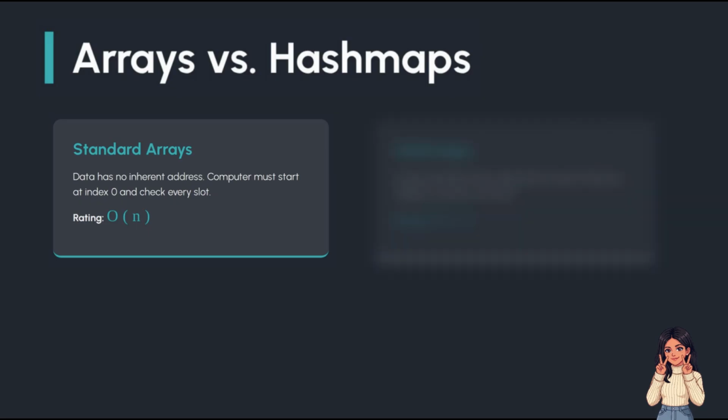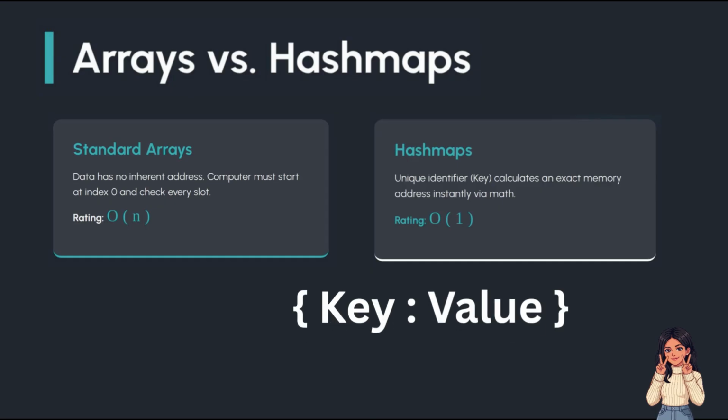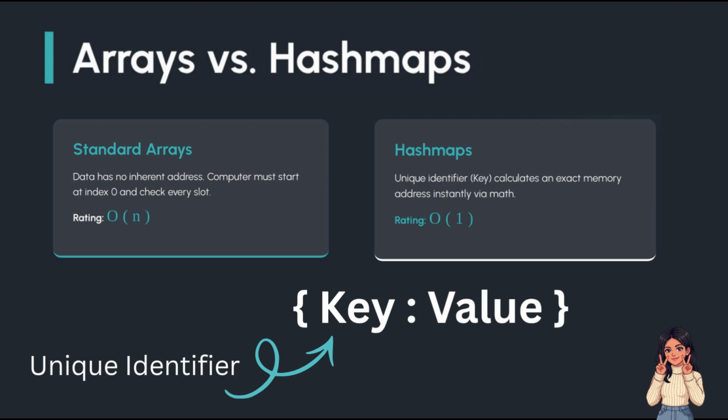A hash map changes the rules of data retrieval entirely by using key value pairs. Instead of just tossing data into an ordered list, a hash map takes a unique identifier, the key, and runs it through an internal mathematical formula called a hash function and generates an exact instant memory address where the value is stored.